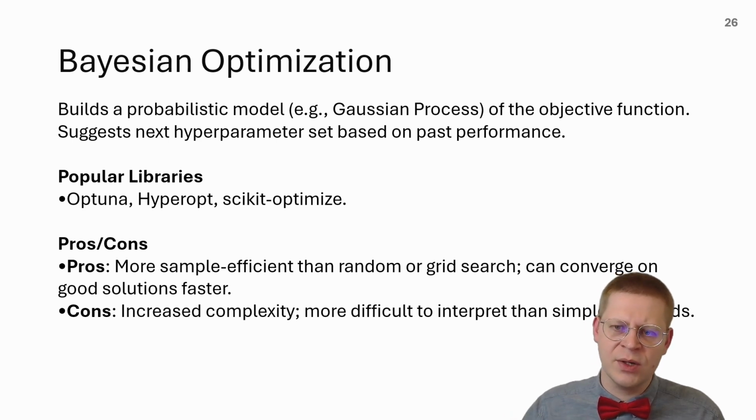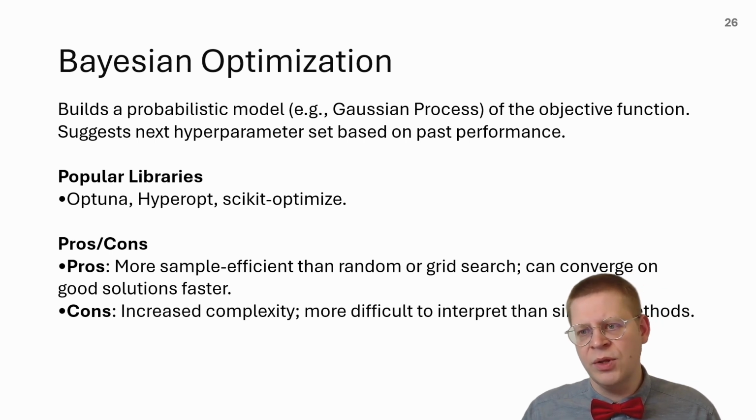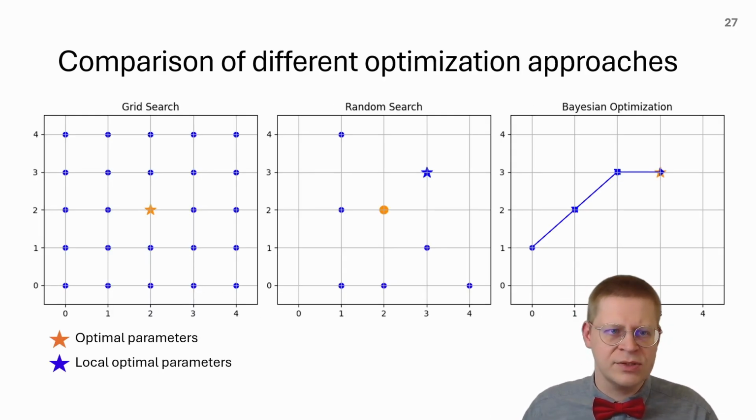And after trying one set of hyperparameters, it updates its probabilistic model and suggests a potentially better configuration. This can be extremely powerful when each model training is expensive and you want the best results with fewer trials, but it still relies on chance.